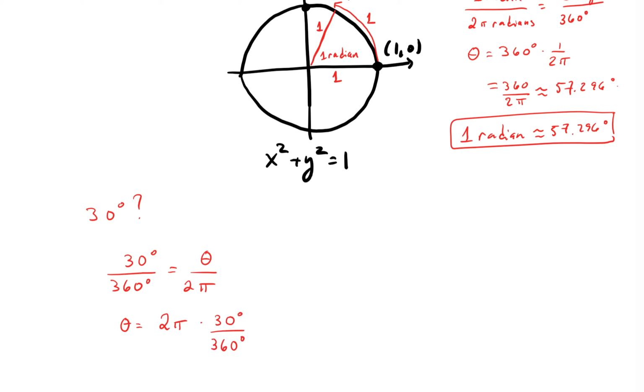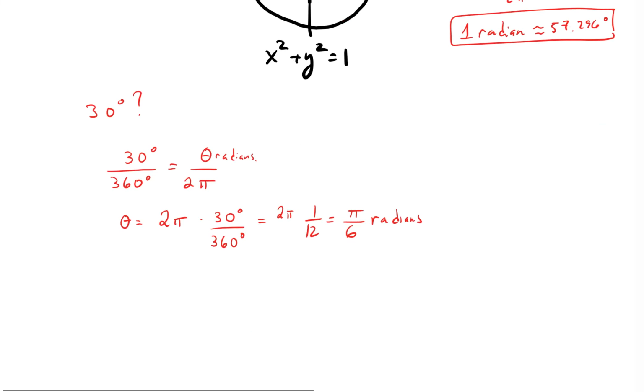Now the difference is that we're calculating something in radians, the corresponding angle in radians. So that's going to give you what? We can simplify this. 30 over 360 is 1/12. So 2 pi over 12 is pi over 6. So this is pi over 6 radians.